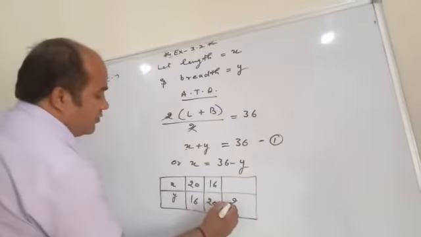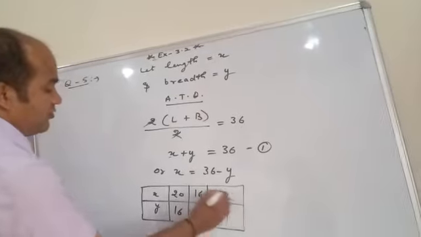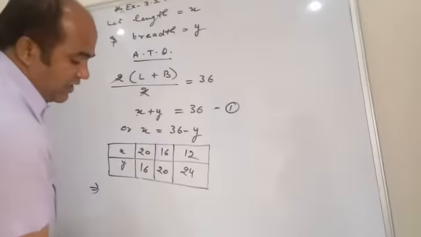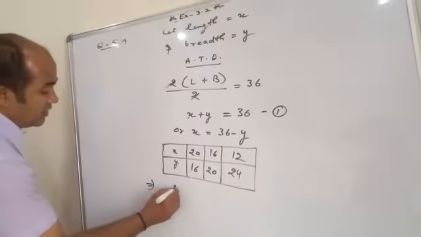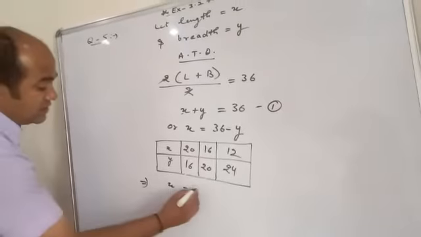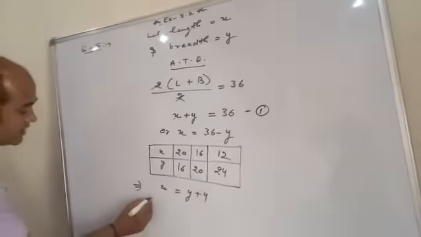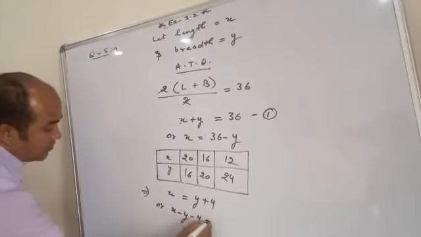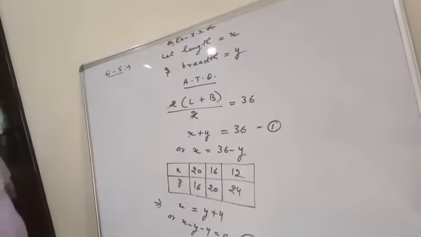If you put 24 for y, then you will get x equal to 12. After this, the second condition: they are saying length is 4 meter more than its width, meaning length x equal to y plus 4. You can write the standard form of this as x minus y minus 4 equal to 0. This is your second equation.